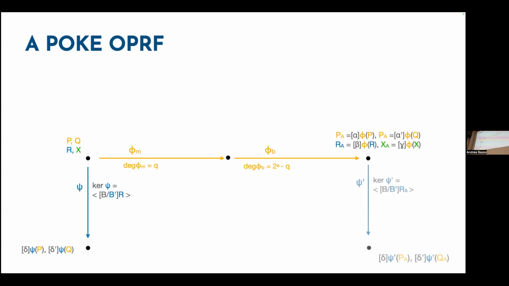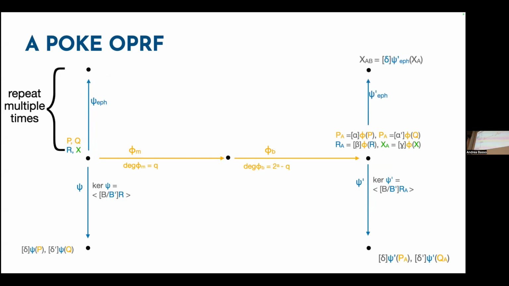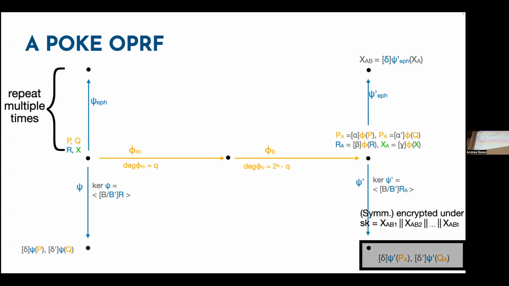Then at this point, the server computes the isogeny psi prime, exactly as in POKE, or as in the previous expression that we've seen, generates multiple ephemeral pairs, and takes all the XABs that it is expecting to receive back from the client and encrypts this value symmetrically under that key.